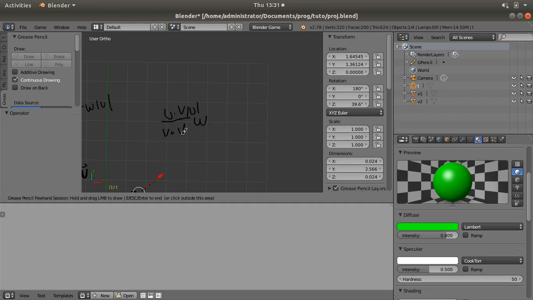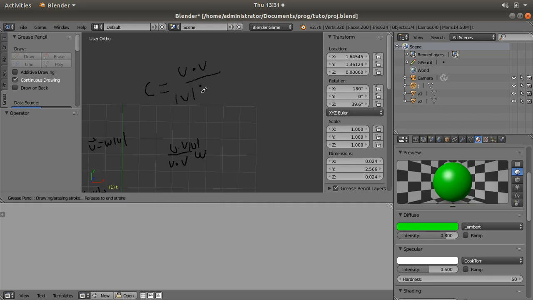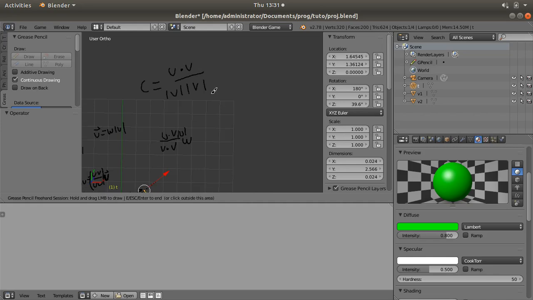And then the next thing I'm going to do is rewrite this in terms of the cosine of theta, which is equal to u dot v over mag of u times mag of v. So this u dot v is already taken care of, so I could cancel that.